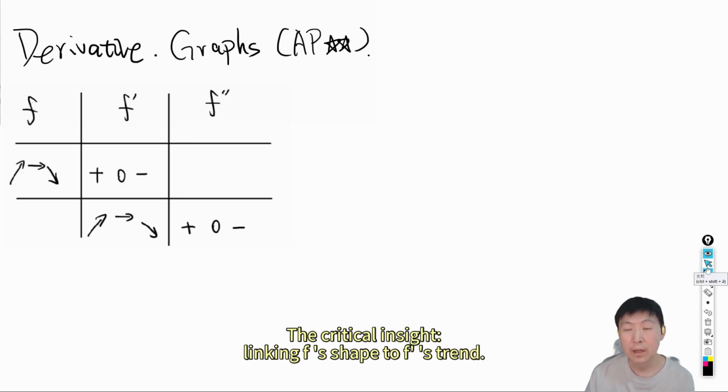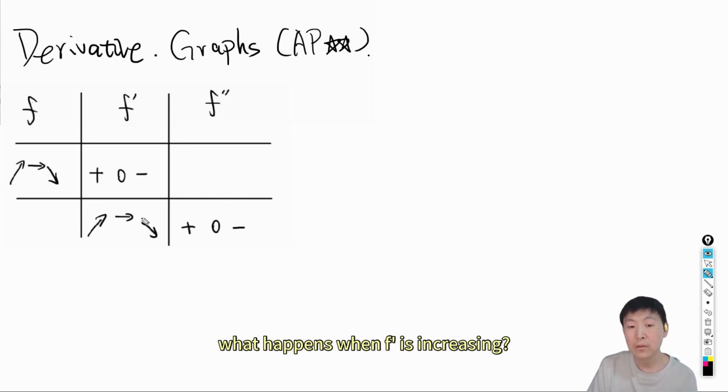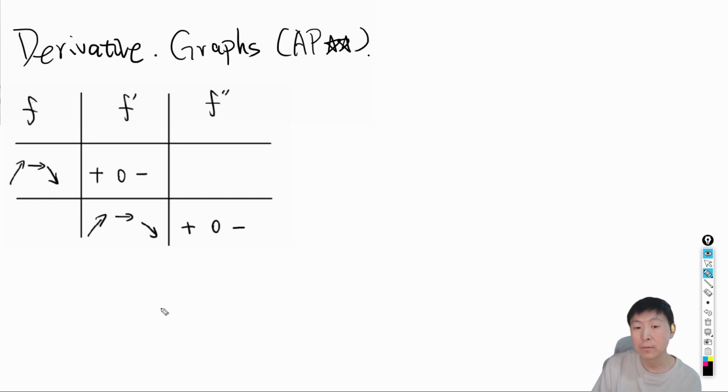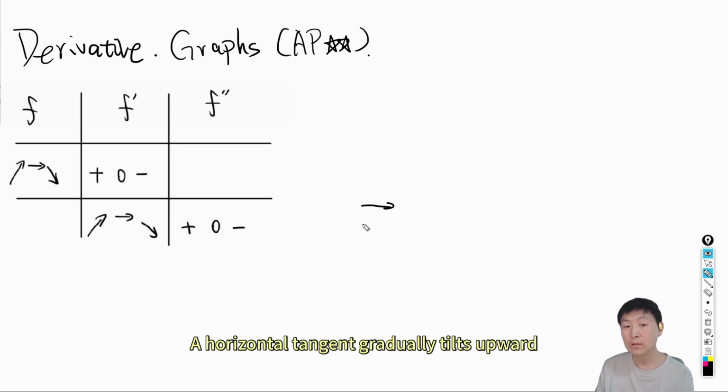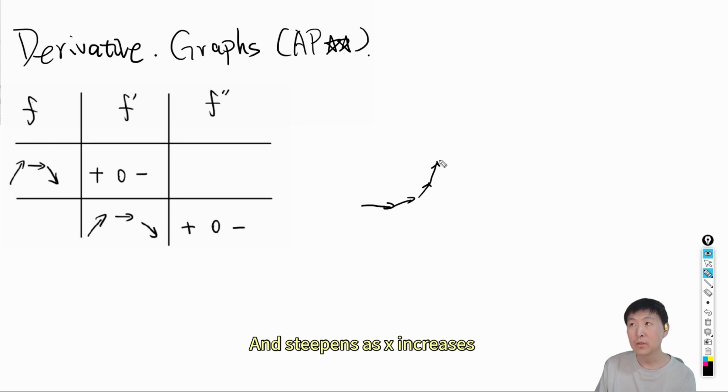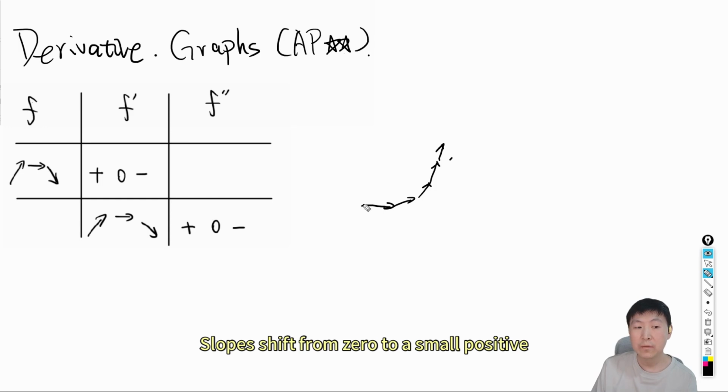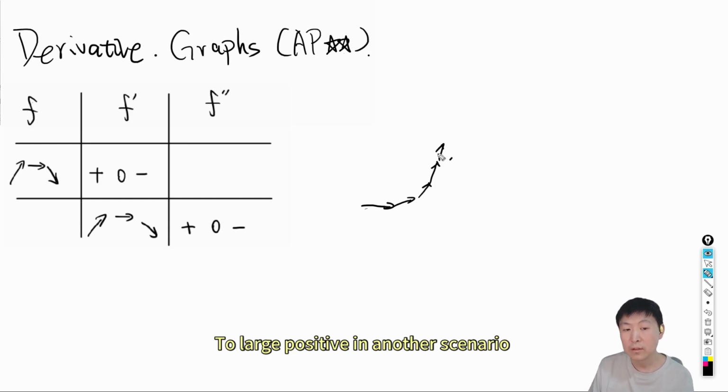The critical insight, linking f's shape to f prime's trend. What happens when f prime is increasing? Imagine tangent lines evolve. In one scenario, a horizontal tangent gradually tilts upward and steepens as x increases. Slopes shift from 0 to a small positive to large positive.